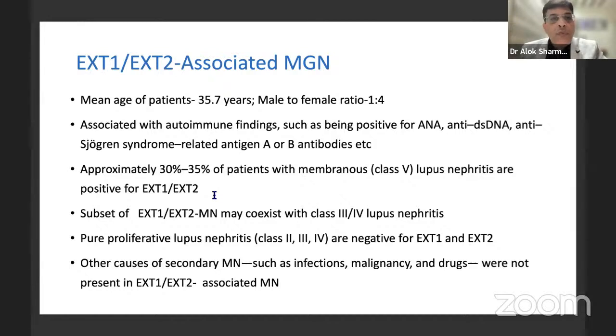In a large number of non-proliferative lupus cases, especially membranous class 5, you get exostosin 1 or 2 staining. So if you have a case where you're not able to decide whether it is a membranous lupus or a membranous GN, and it is positive for exostosin 1 or 2, there is a high likelihood that the whole process is autoimmune, and the patient is very likely to have SLE-associated disease.